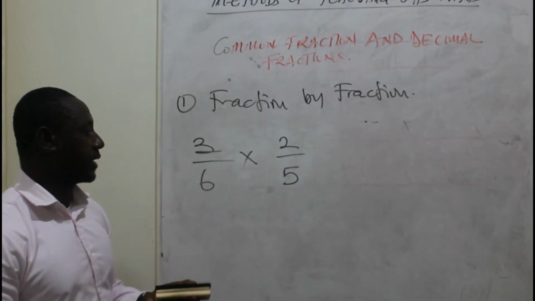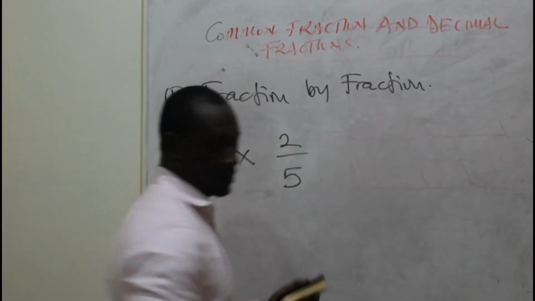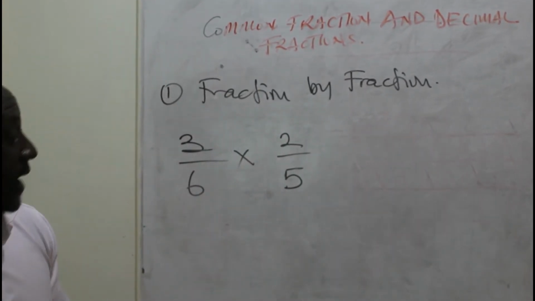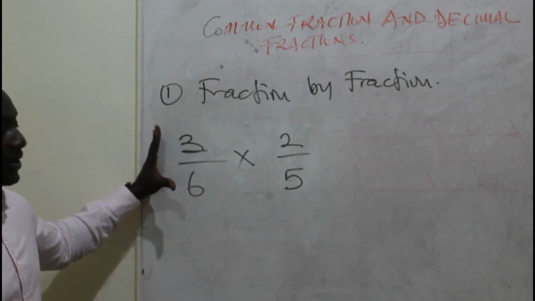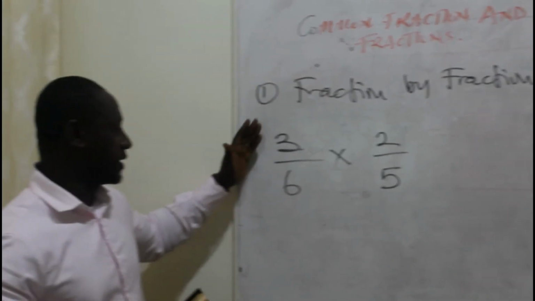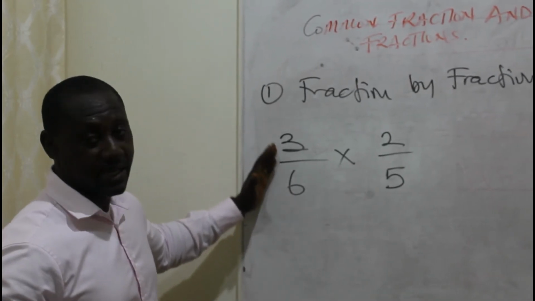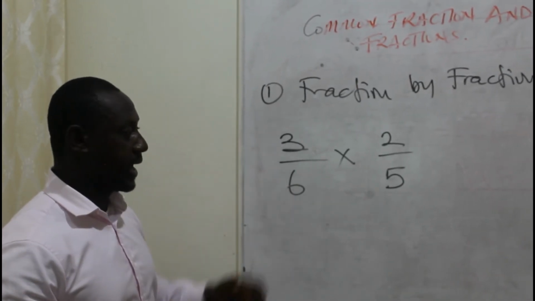Let's look at what we are going to get. So you guide them to take a piece of paper. They divide the paper vertically. It could be vertically or horizontally. So this time it will be vertically into 6 equal parts. Then they pick 3 out of it.